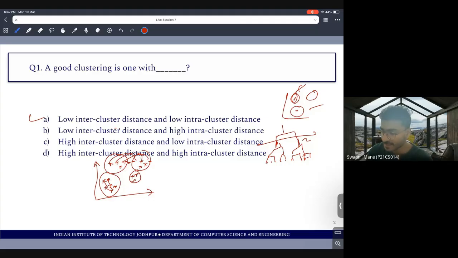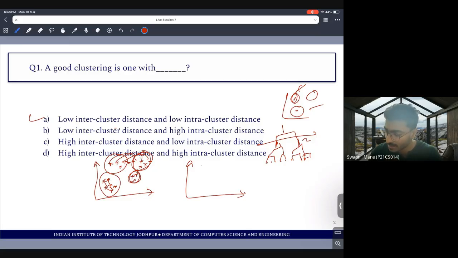In the first option, they are saying the inter cluster distance, the distance between the clusters, is low. Are you understanding? Low means these clusters are very close to each other, right? But what we actually want is clusters which are explicitly distinguished from each other.